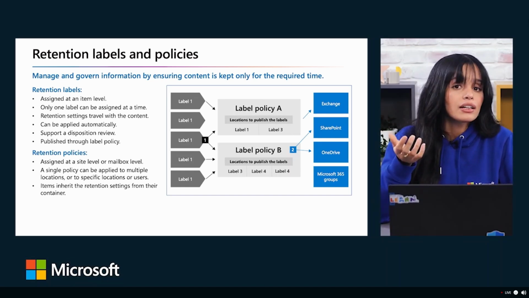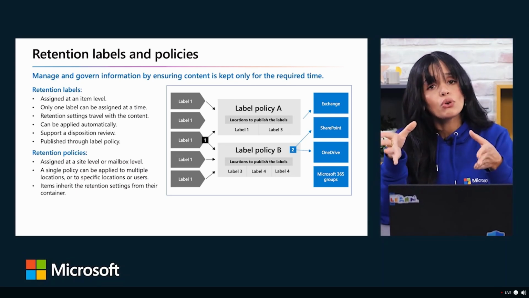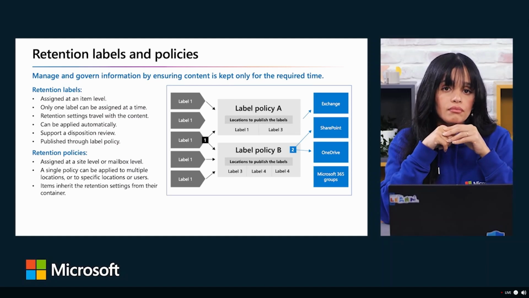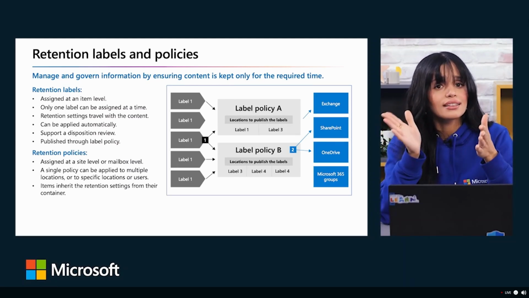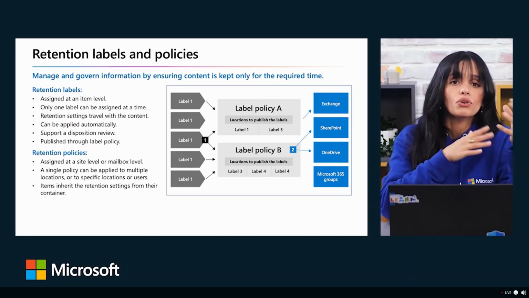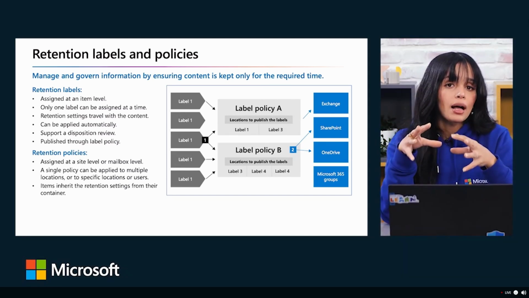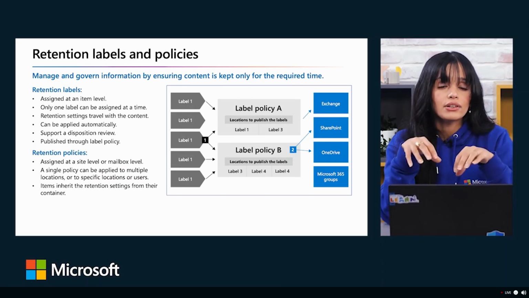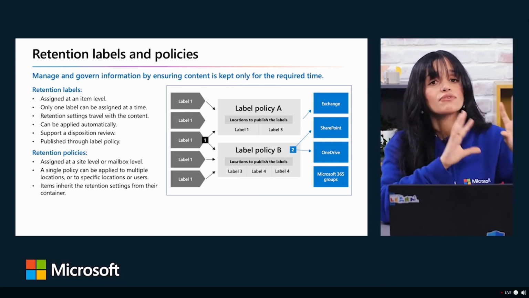I can apply a retention policy to that SharePoint site, and that policy would apply to all items on that site. But what if there was an item on this site that needed to be kept for 10 more years? This is where I can apply a label to that specific item for 10 years, and the 10 years label will trump the 5 years policy.